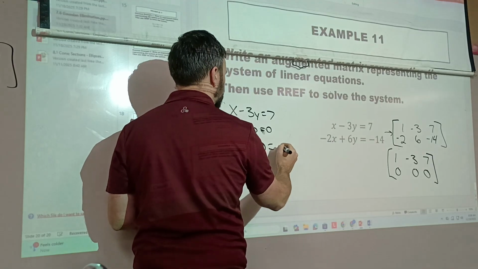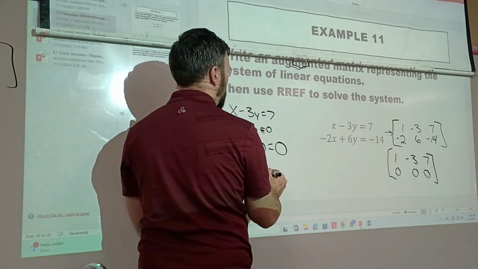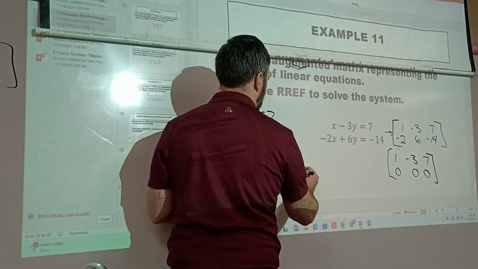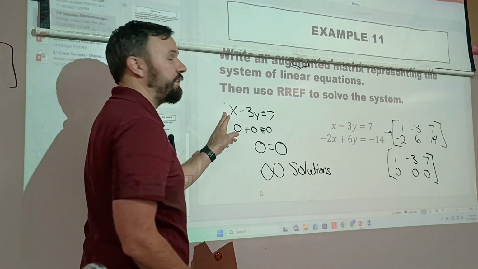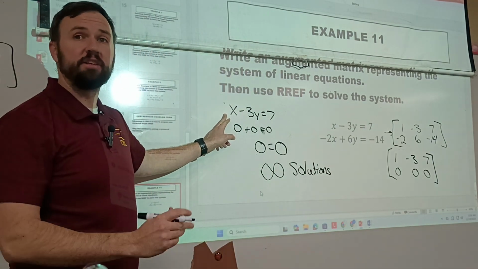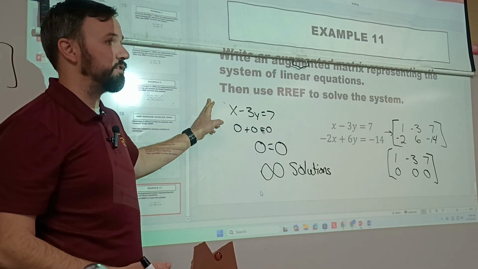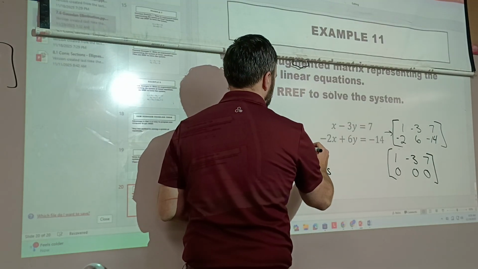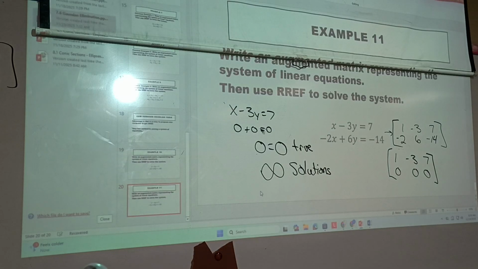Does 0 equal 0? And if that is true, it means there are infinite solutions. It actually means any point on this line, because that's a line, is a solution. So there are infinite solutions. If this is true, it's infinite solutions for you. All right? And that's it.